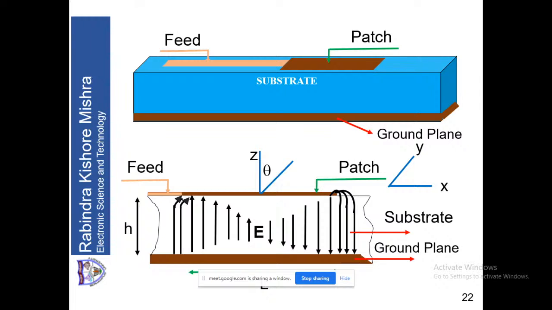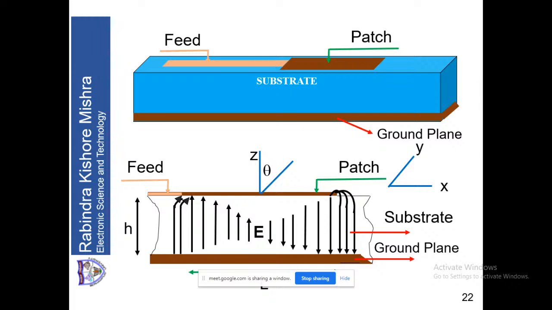So if I take the amplitude of the voltage at both the ends, the amplitudes will be the same, but the fields at both the ends will be in opposite direction. That is what is shown in this figure, electric field. So you can see in the substrate, electric field lines are drawn. These field lines are from the patch to the ground, and from the ground to the patch.